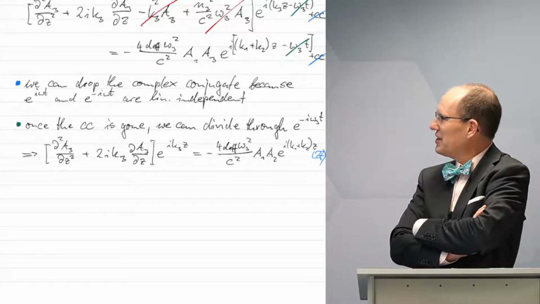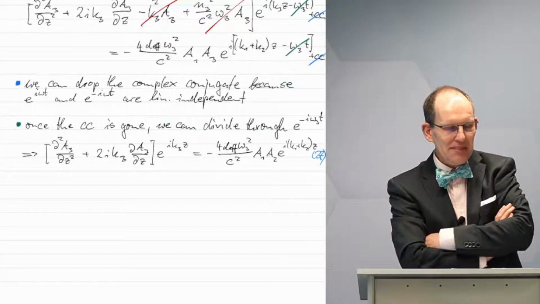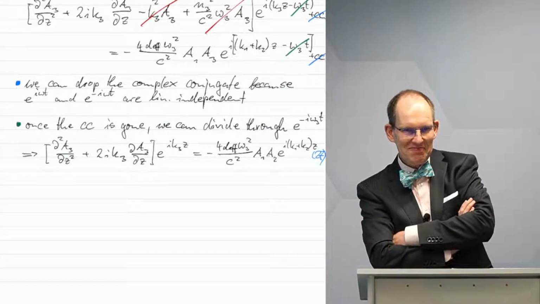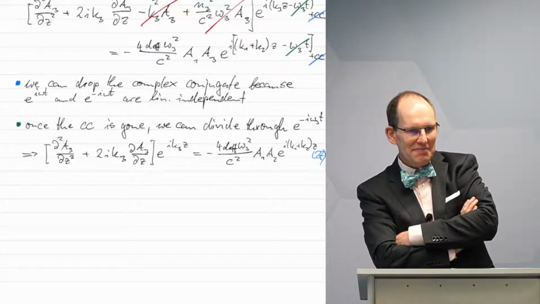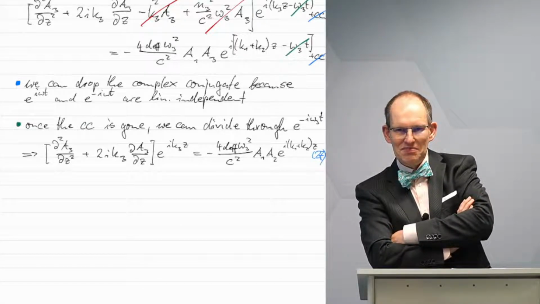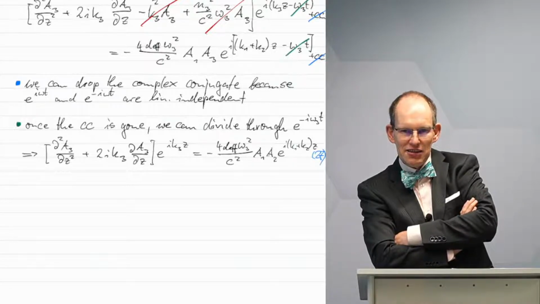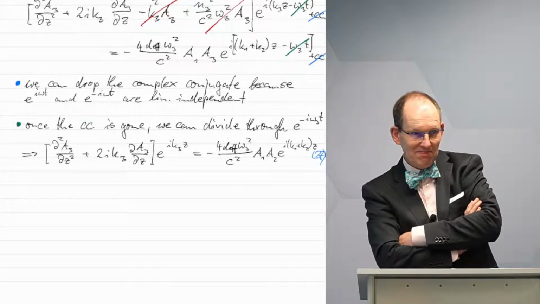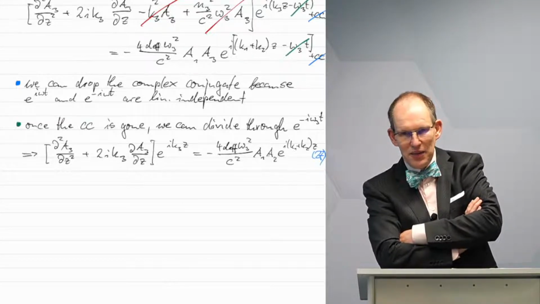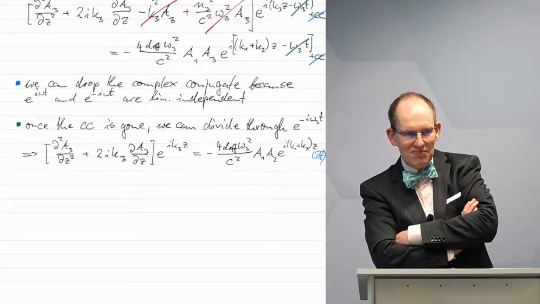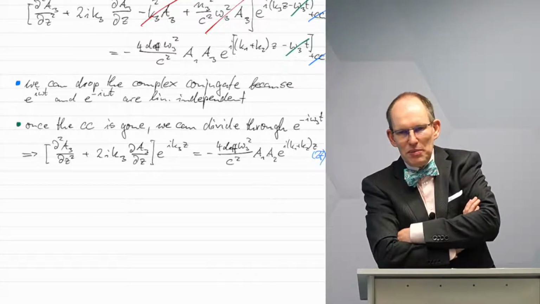Which one would you target? What is A3? How big is A3 compared to A1 and A2? Probably small, right?